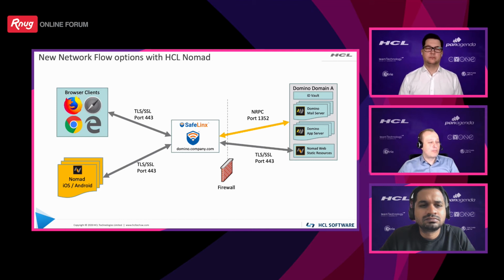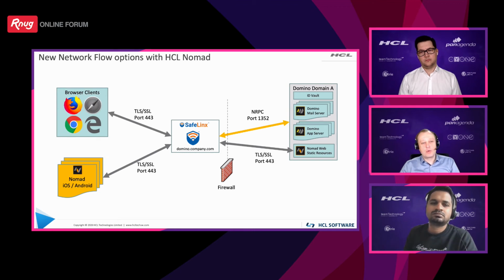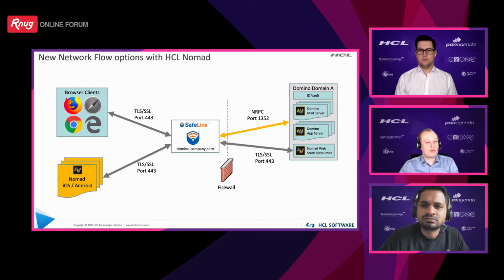For Nomad, you can use Safelinx as a proxy server to proxy between the different protocols. Here on the lower left side, you see Nomad on iOS communicating with the Safelinx proxy that we have just installed over port 443. And then on the back end, Safelinx communicates with your Domino server still on port 1352. So there is no change for the Domino server, but there is a big change towards the internet communication.